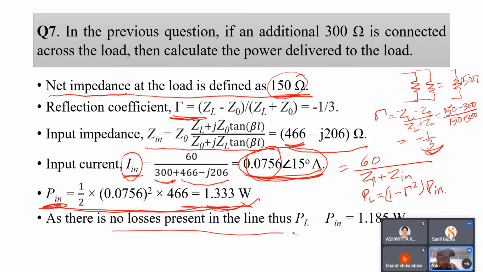So you can calculate the value of load power, which is for the combination of two 300 ohm resistors. So this much power is delivered to this load. If suppose power delivered to the individual load has to be found, then we have to divide this by 2. So this much power is delivered individually to this load.